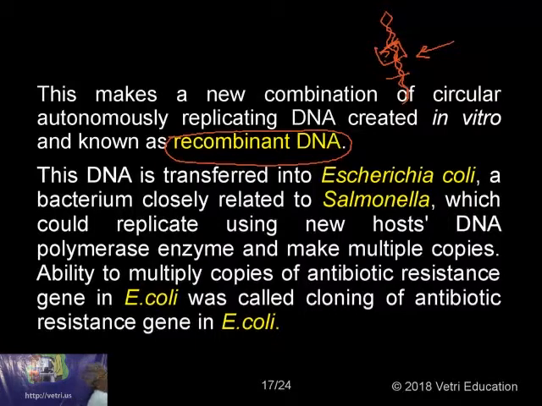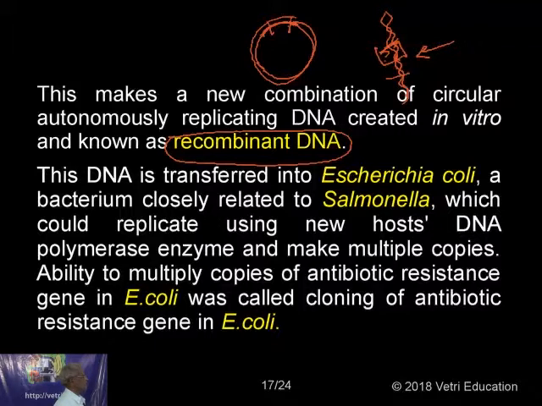If I put it in a circular form, if this is the DNA, a cut is made and then you add the new one, now this has become a recombinant DNA. So this makes a new combination of a circular, autonomously replicating DNA created in vitro, known as recombinant DNA.